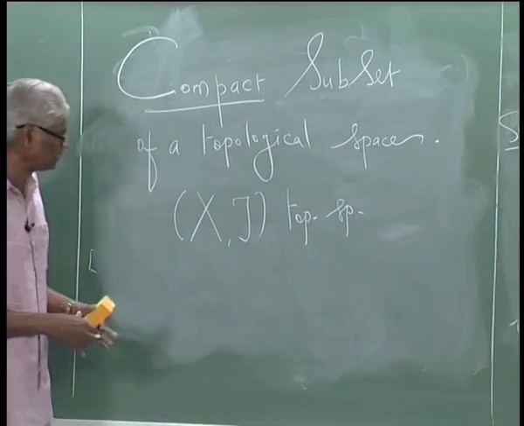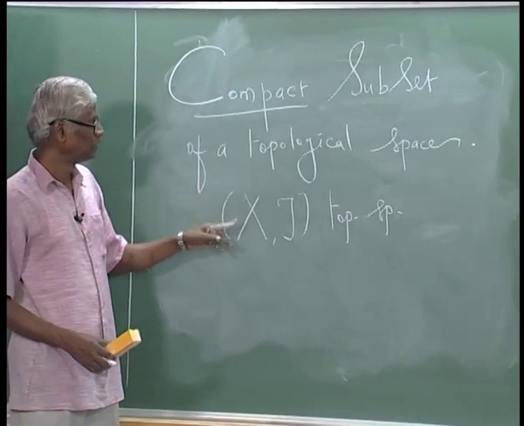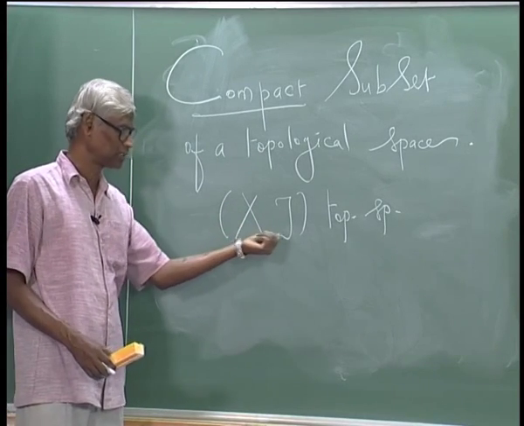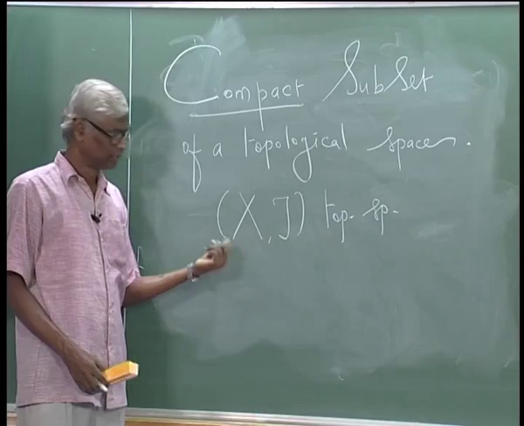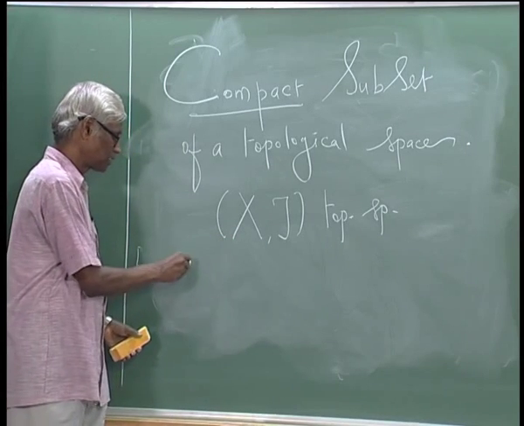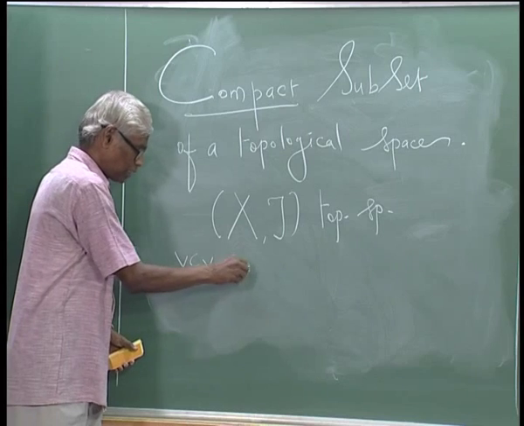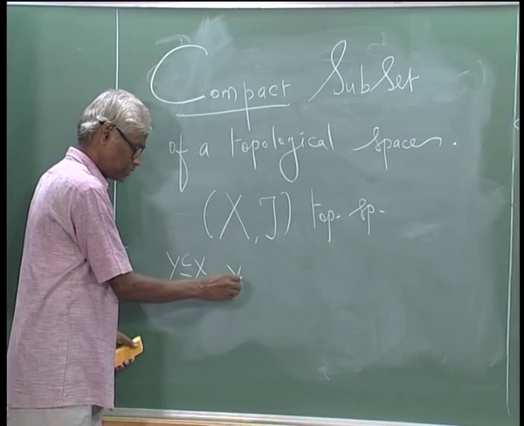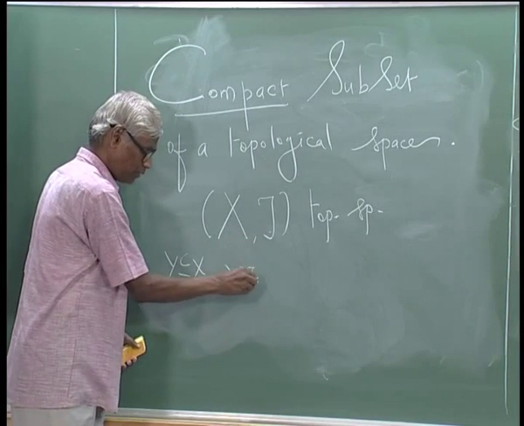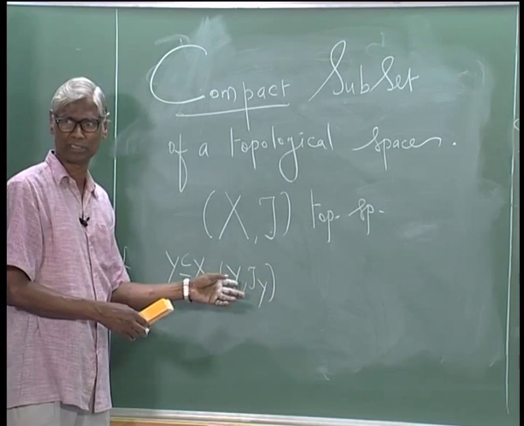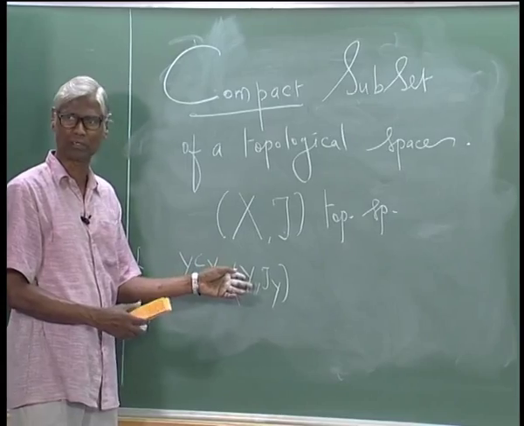Either we can first introduce the concept for the topology. When you say a topological space is compact, then a subset Y of X is compact means the restricted topology, that is tau, will induce a topology tau Y on Y, and if this topological space is compact, it means the subset Y is compact.